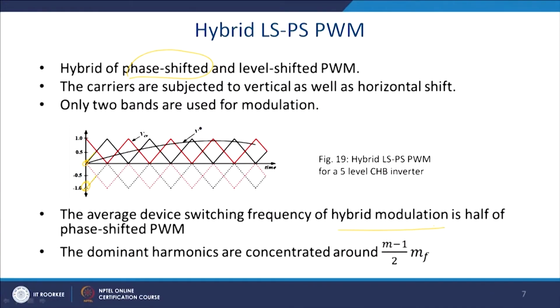What happened in this case: the average device switching frequency of the hybrid modulation is half of the phase shifted PWM, and the dominating harmonic will be centered around (m minus 1) by 2 into mf, where mf is the modulating frequency index.